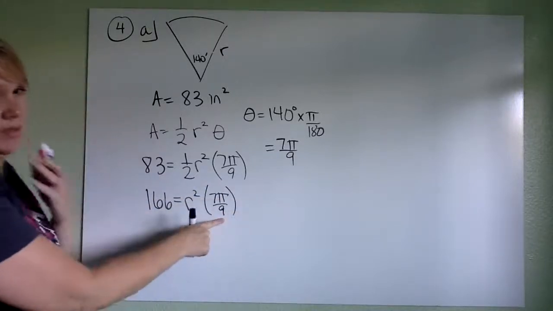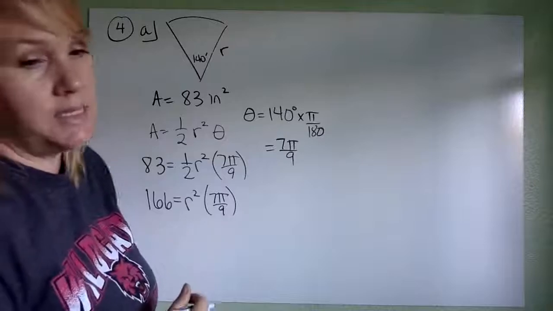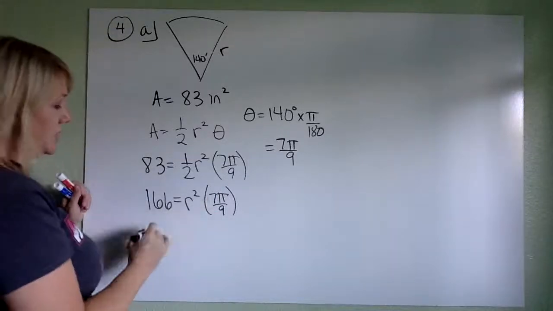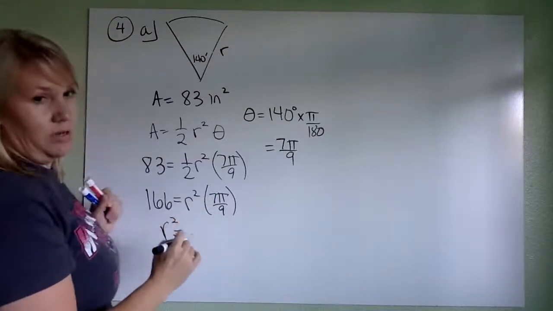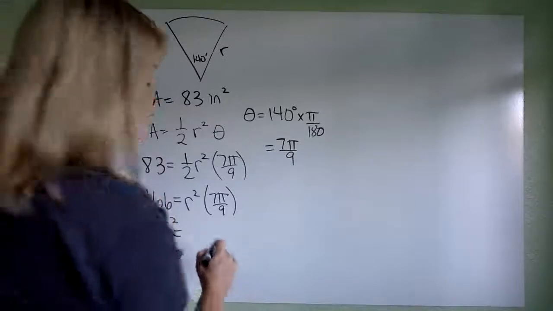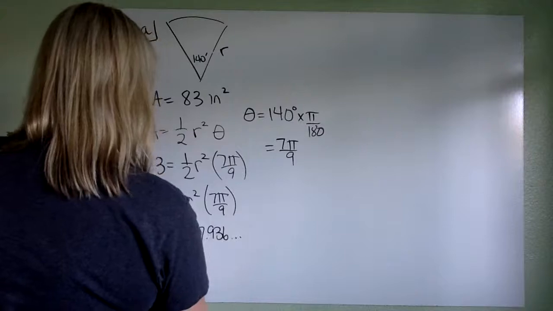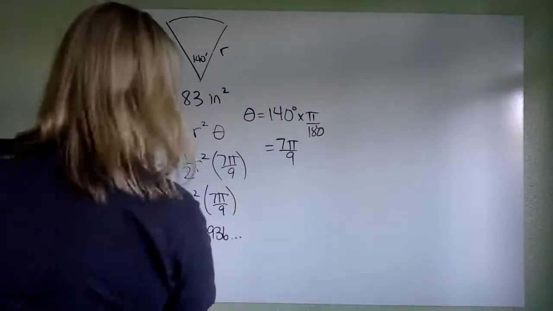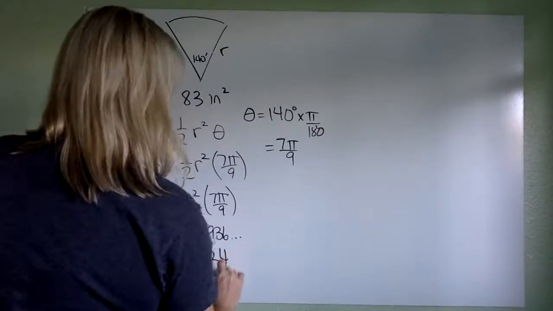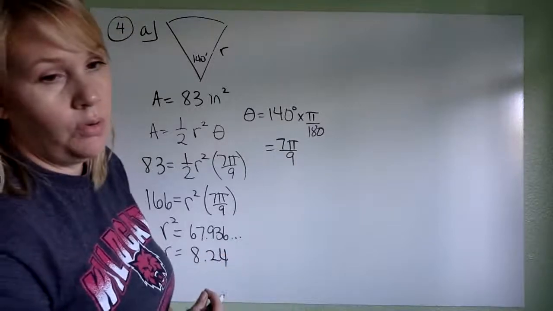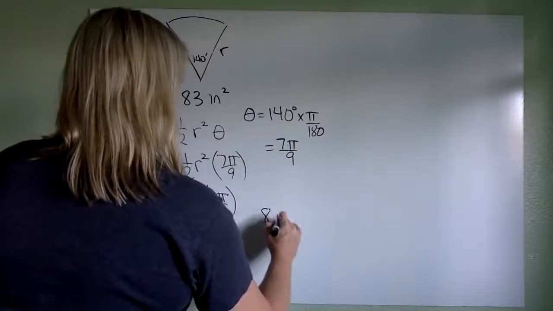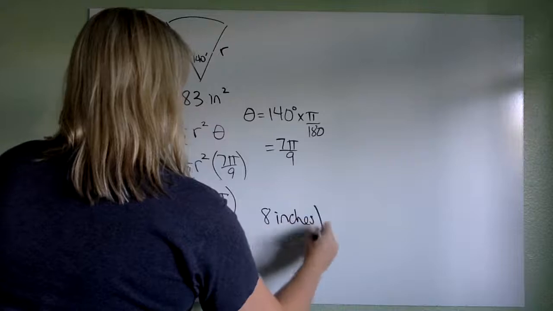And then again, if you have this number as a decimal, you would just divide it from both sides. R squared should equal 67.936. So R is 8.24. And the question says to round to the nearest inch. So 8 inches.